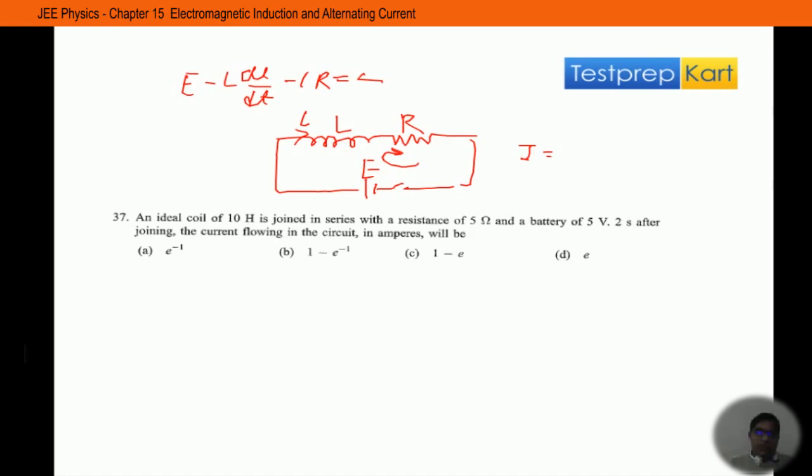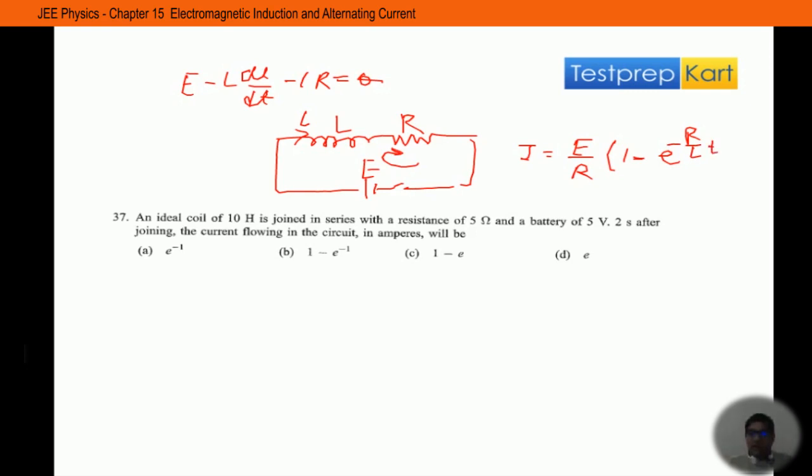Okay, so if we assume that at the initial stage the net current is I naught, and we solve this expression, then the solution of this equation is E upon R into 1 minus e to power minus R over L into t.